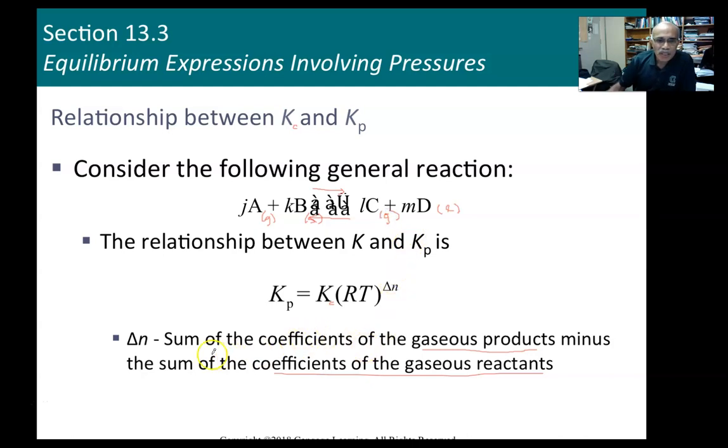So what we're saying in here is the sum of the coefficients of the gaseous products minus that of the reactants. So in other words, this is the only gas here. If this is liquid and this is solid, this is the only gas here. So it'll be L, this is the coefficient L, minus J, because this is gas. You are not going to take care of these two because they are not gas. Only the gas species that are there in the chemical equation.